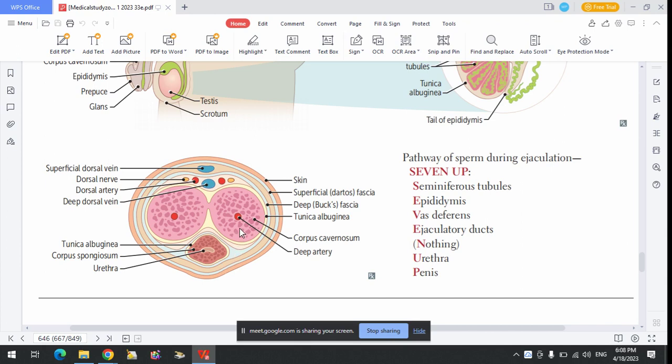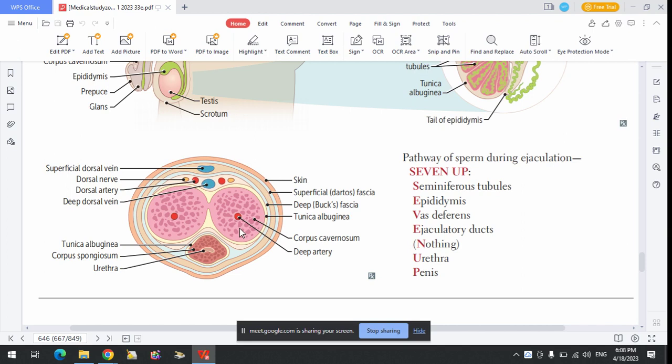The corpus cavernosum will get engorged so that erection can occur. Then the spongiosum has to relax so that the urethra will be able to allow semen to pass through.